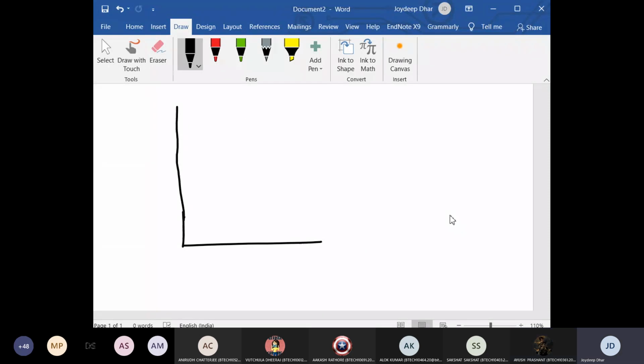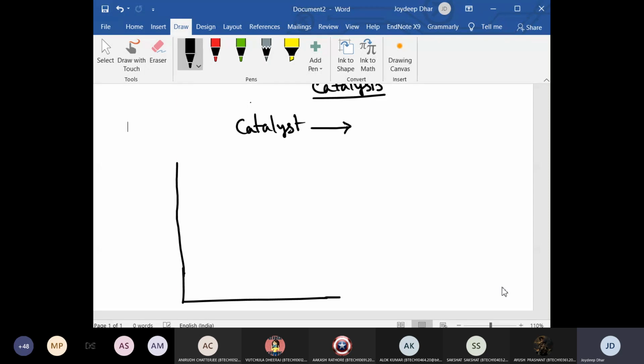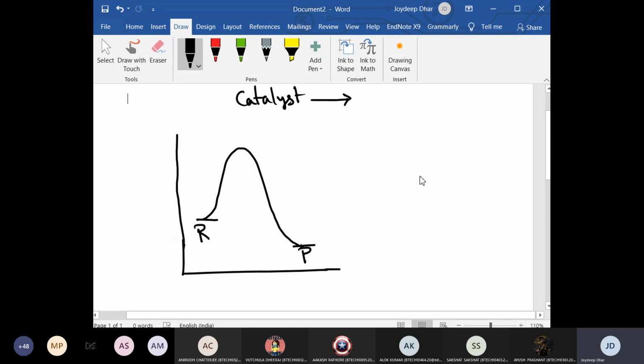So I already showed the energy profile diagram for a normal chemical reaction. If the energy profile is like that, this is your reactant and this is the product. The y-axis is energy, and the x-axis is the reaction coordinate, which is arbitrary.